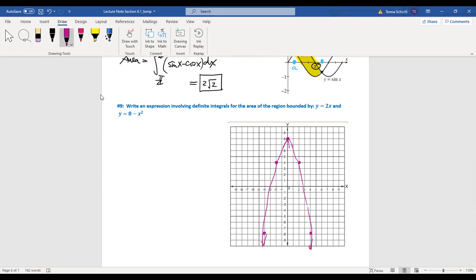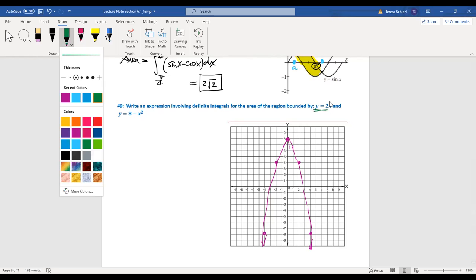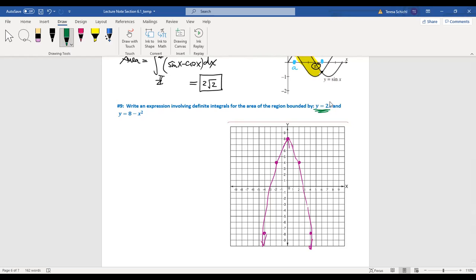Now let's take a look at my y equal to 2x. So when x equal to 0, y equal to 0, it's going to pass in here. x equal to 2, y equal to 4 is here. x equal to -2, y equal to -4.